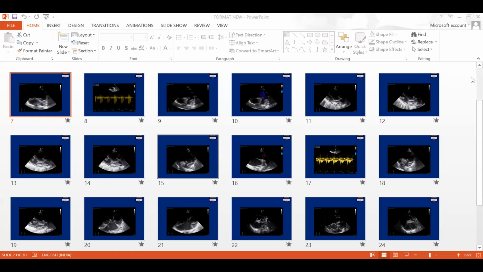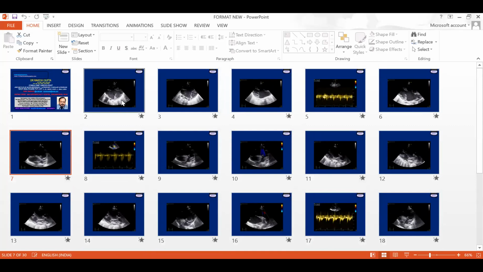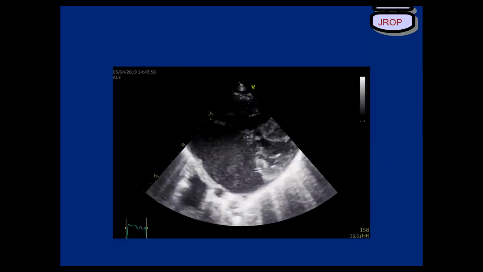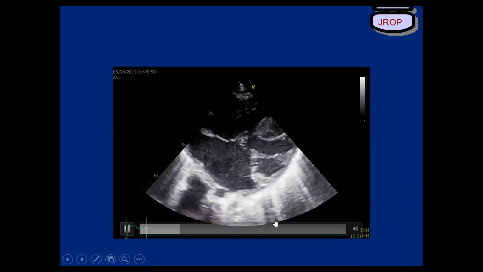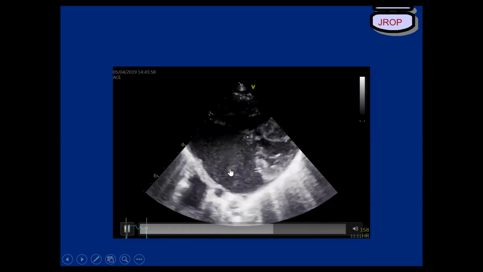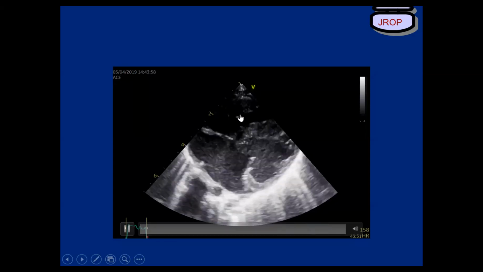Okay, can you see my slides now? Yes, sir, we can. So now you identify this is the subcostal window. This is the LA. This is LV. Here is RV on top.